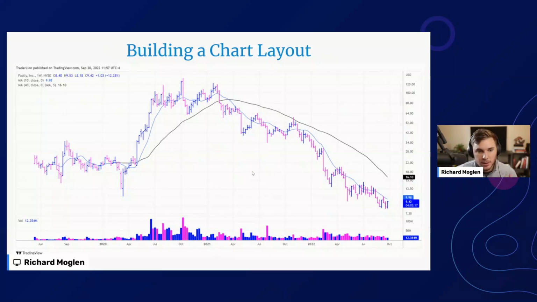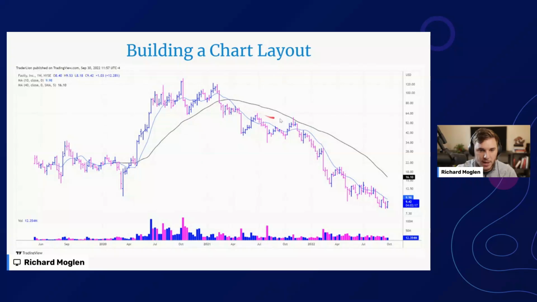So if you're a more longer term focused investor, you probably want to focus more on this 40-week moving average and what the stock is doing relative to that. While if you're a position trader or shorter term investor who likes to hold for a few months, you might want to pay more attention to that 10-week moving average. The 10-week is in blue and the 40-week is in black.